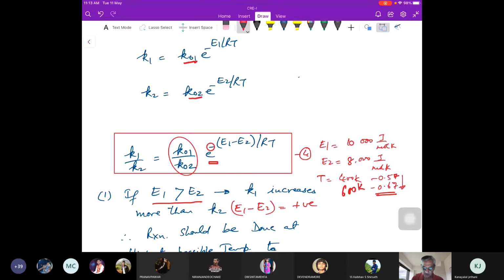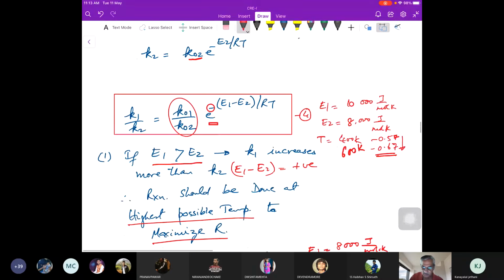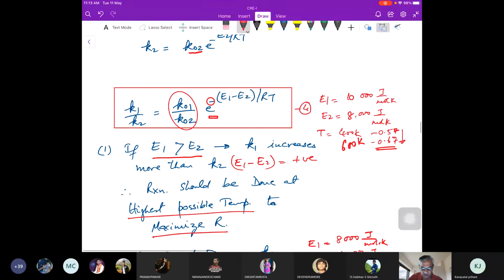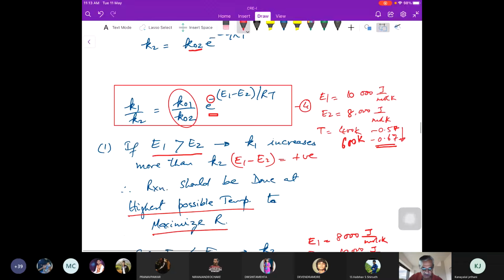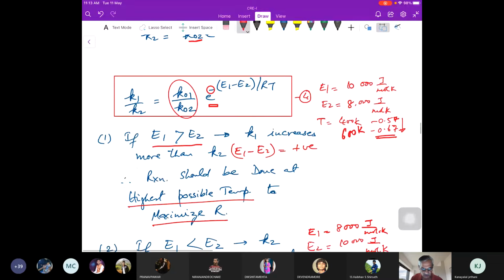We saw this by calculation, taking E1 as 10,000 and E2 as 8,000: at 400 it was 0.57, at 600 it was 0.67, and so on. So K1 by K2 increases as temperature increases when E1 is greater than E2. The reaction should be done at the highest possible temperature to maximize R when E1 is greater than E2.